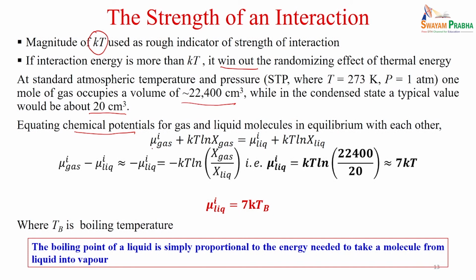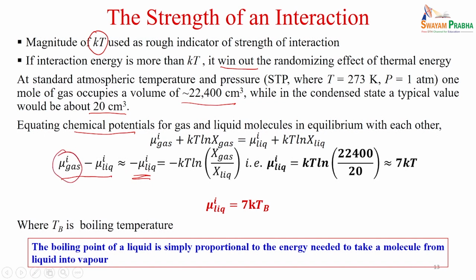So, we write mu_i gas plus kT ln x gas equals mu_i liquid plus kT ln x liquid. Here, if you take mu_i gas minus mu_i liquid, as you know the chemical potential of liquid is much higher as compared to the gas, so we can simply neglect this term.